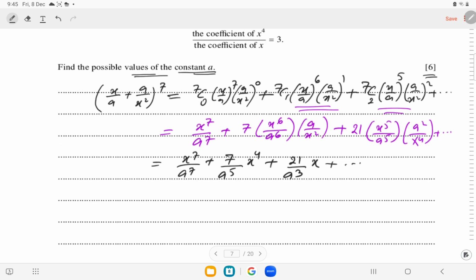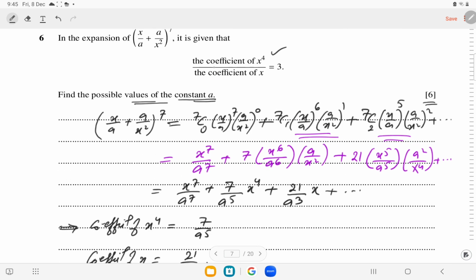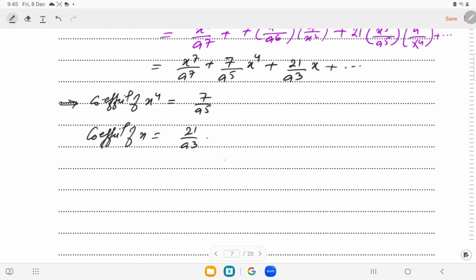Now you can get the result that the coefficient of x4 is 7 by a5 and the coefficient of x is 21 by a3. As in the question, it has been given that the ratio of the coefficient of x4 and the coefficient of x is equal to 3. So it means we need to divide these two.